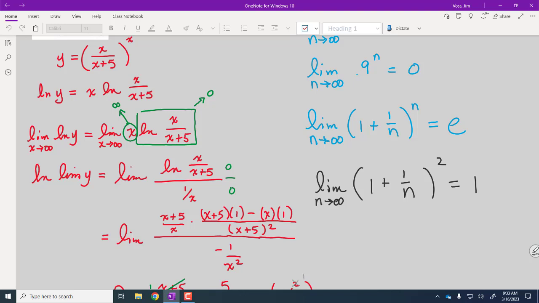Don't you just plug the 3 in here? But what you're really doing is saying, oh, the fifth power function, that's a continuous function. So technically what you're doing is moving the limit inside the fifth power function, taking the limit of the inside, and then applying the 5.